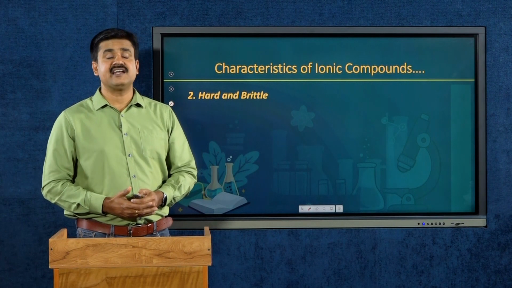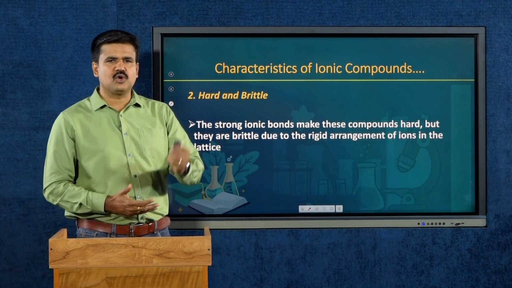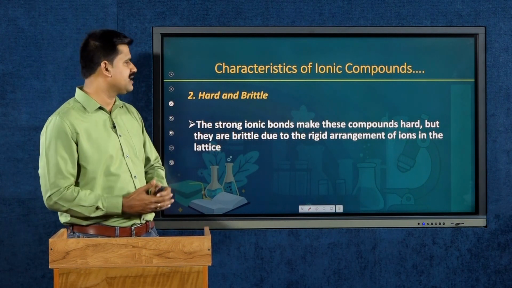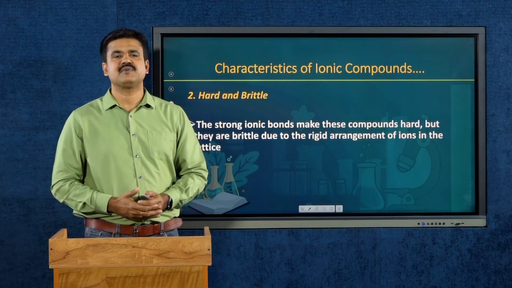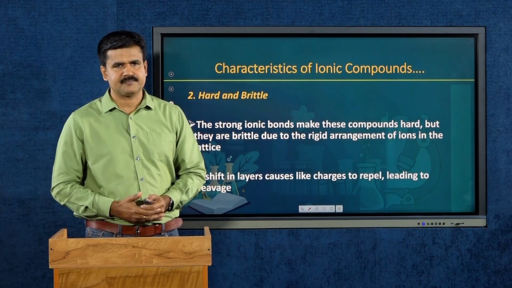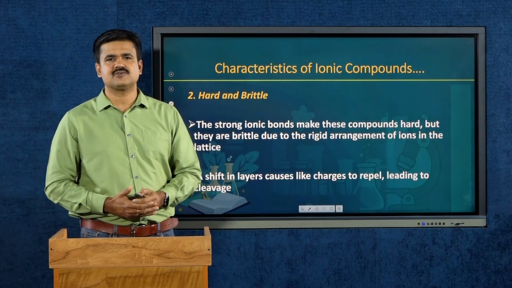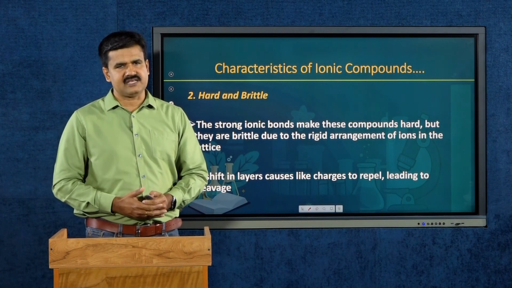They are hard and brittle. The strong ionic bond makes ionic compounds hard, but they are brittle due to the rigid arrangement of ions in the lattice. A shift in layers causes like charges to repel, leading to cleavage.